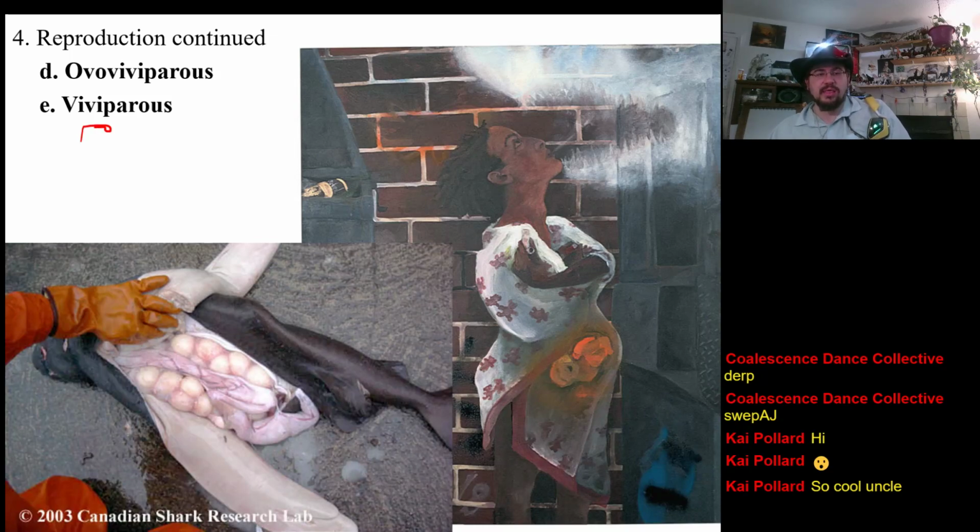So annoying. Okay, so ovoviviparous. They produce an egg. The egg hatches.